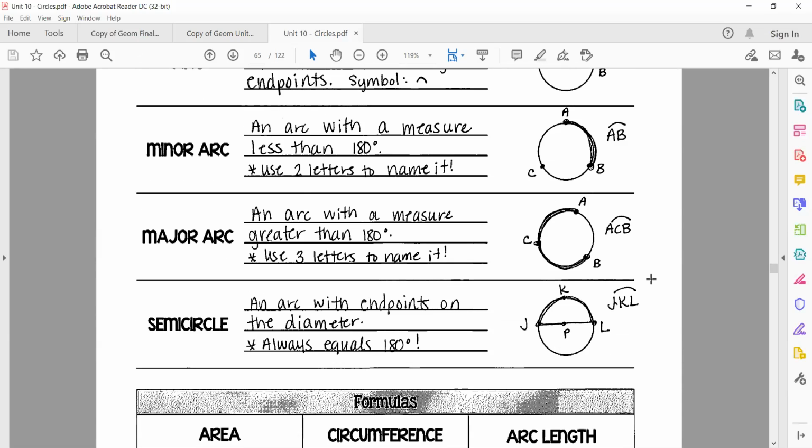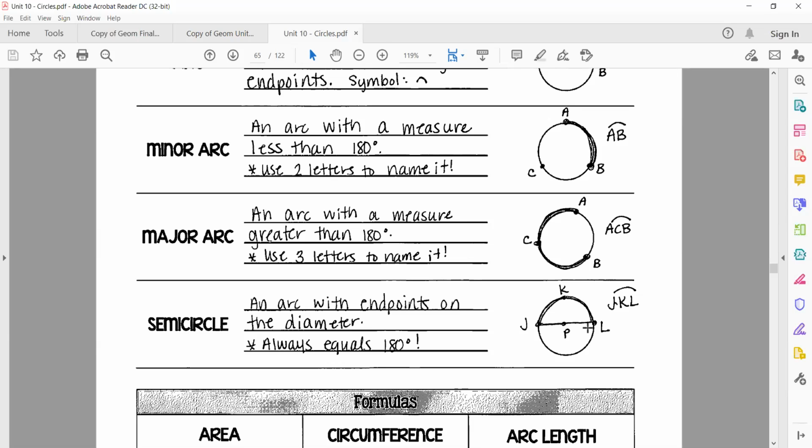Semicircle, always 180. And here is another representation that matches up with our definitions for supplementary, straight angle, linear pair, right?